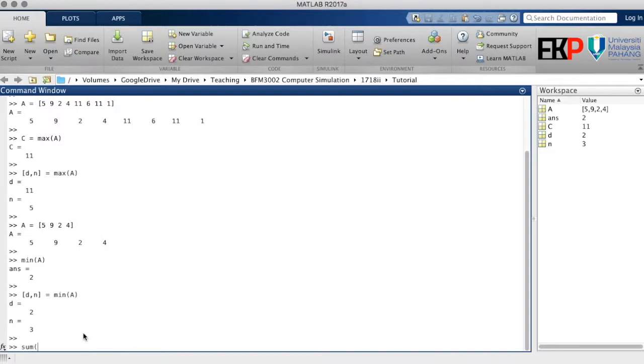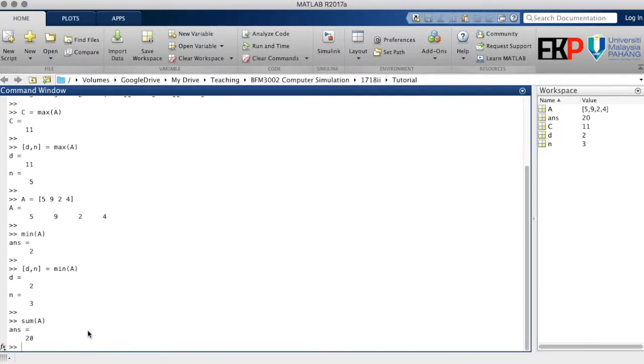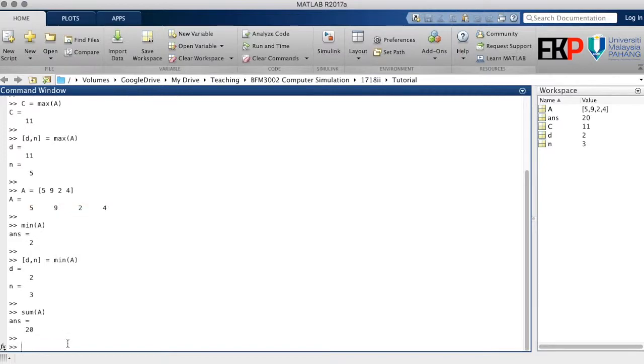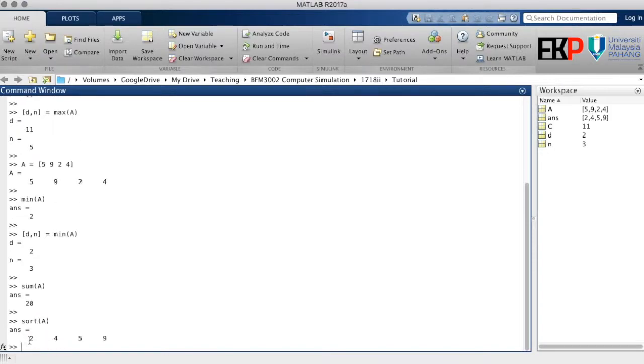Now we can also calculate the sum of all elements within a vector by typing in the command sum A. We will get the summation of all elements in the matrix or in the array. We can also use the command sort. The command sort will sort the values in the vector A in ascending order.